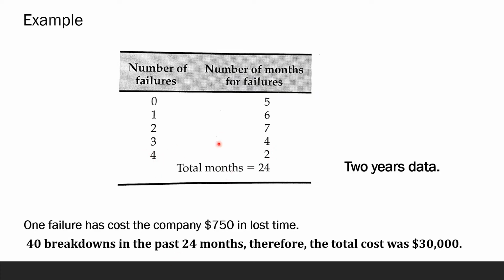So at different times, one failure is going to cost you $750. If you have 20 breakdowns, it's going to cost you $30,000. Now, how many failures do I have? 10 failures, in 2 years. So you add 7, 8, 9, 10.